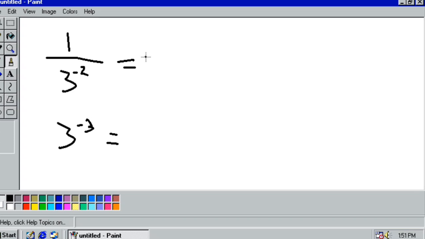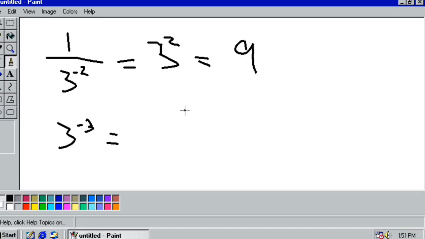Remember that when we write this in reciprocal form, the exponent sign will be changed. So from negative, it will become positive. Now, to simplify, 3 squared is 9.